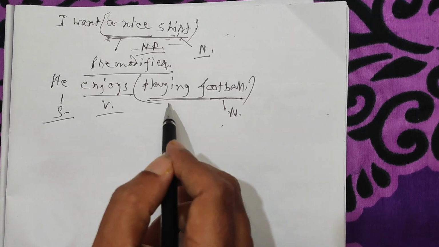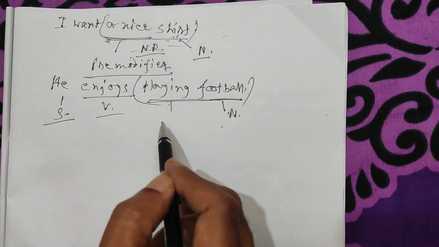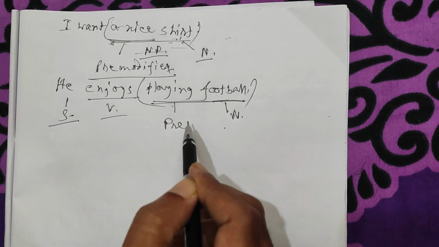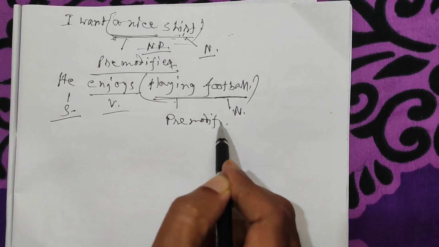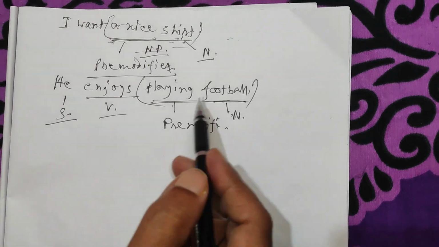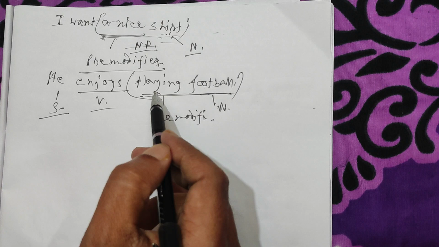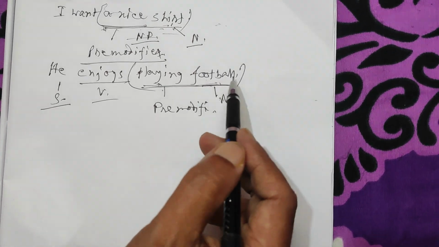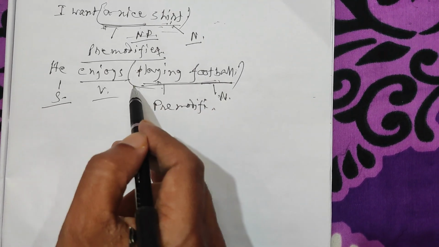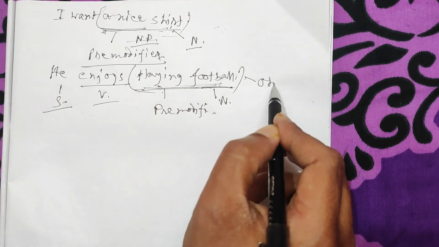A noun. How is playing used here? It is used as a pre-modifier, and it modifies the noun football, and playing football is used here as an object.